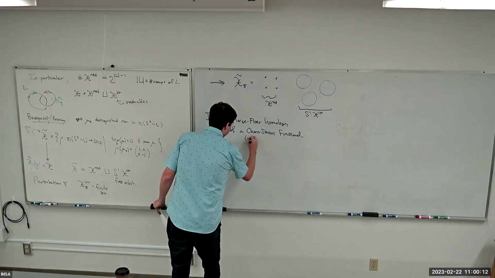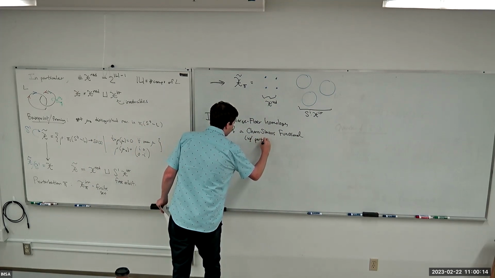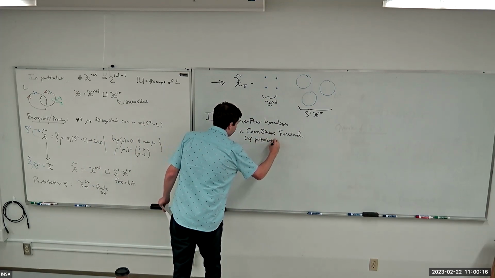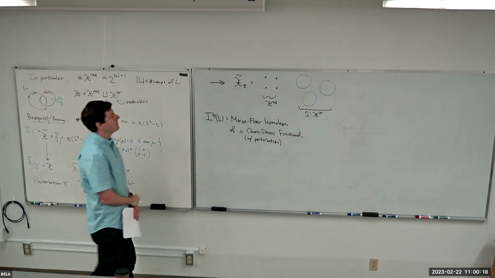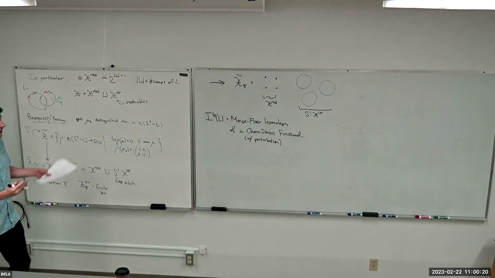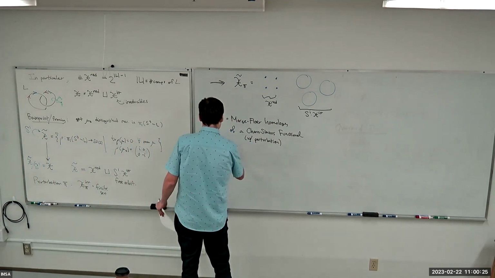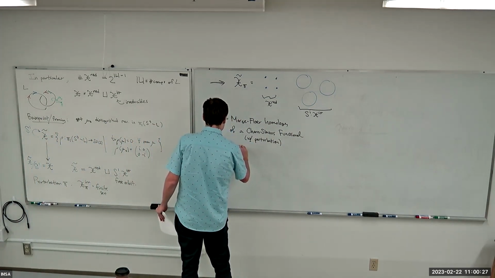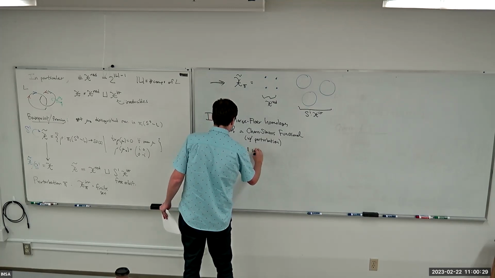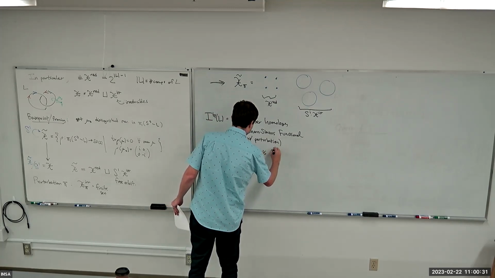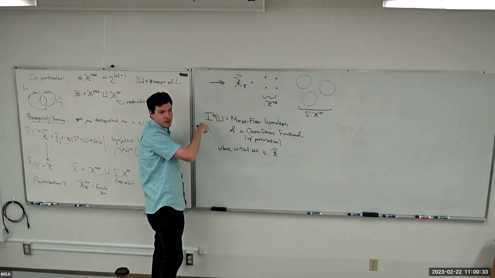And also, there's a perturbation flowing around here. But that's roughly what it is. What you should have in mind is that the critical set of this functional is this space that I'm trying to tell you about.